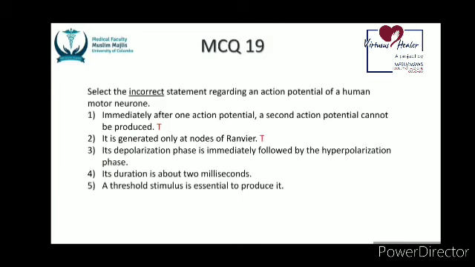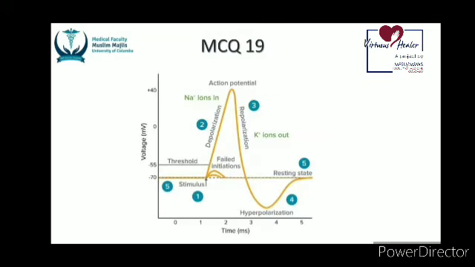Statement number 3. Its depolarization phase is immediately followed by the hyperpolarization phase. If you go through this diagram, you can see that a sufficiently large stimulus can produce an action potential. And an action potential consists of 3 phases. They are the depolarization phase, repolarization phase, and the hyperpolarization phase.